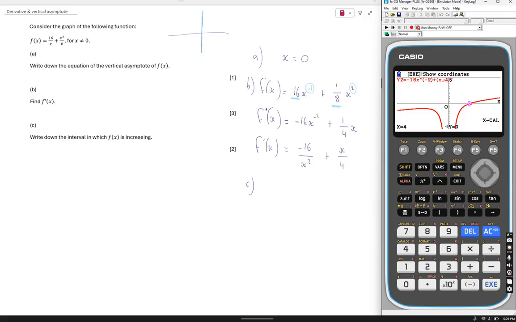So how do we write this as an interval? If we come back to the question, we know that it wanted it as an interval. There are a few acceptable answers for this. My preferred way of writing this is just x is greater than 4. So this is saying again that when x is greater than 4, the original function is increasing.